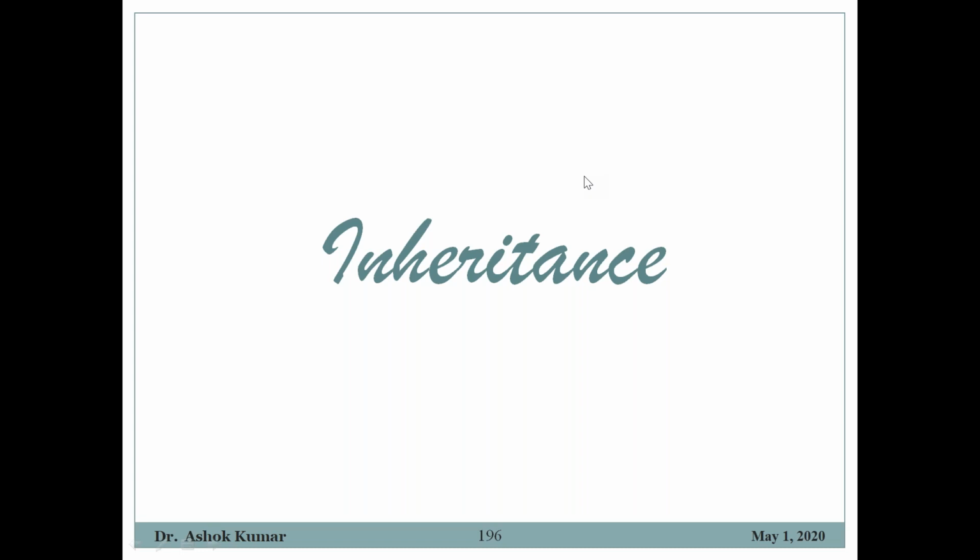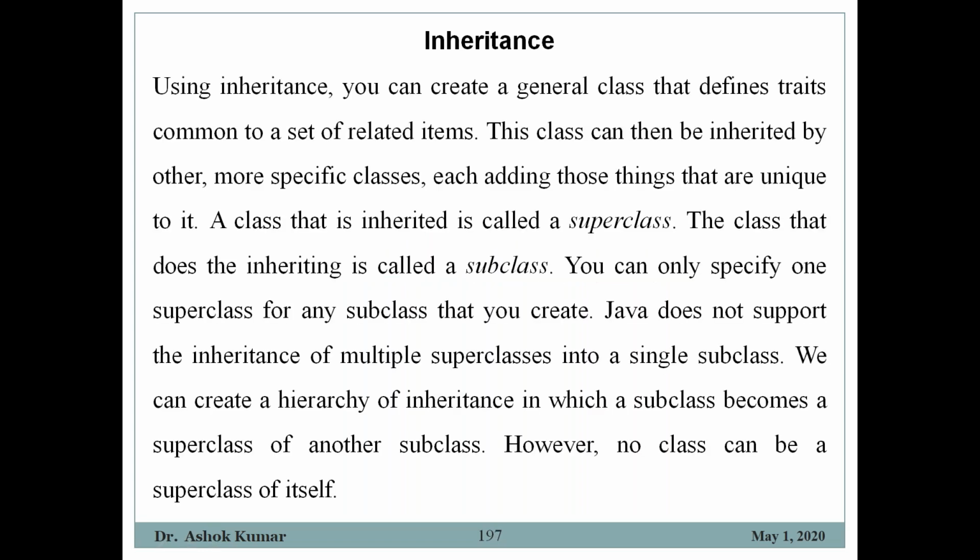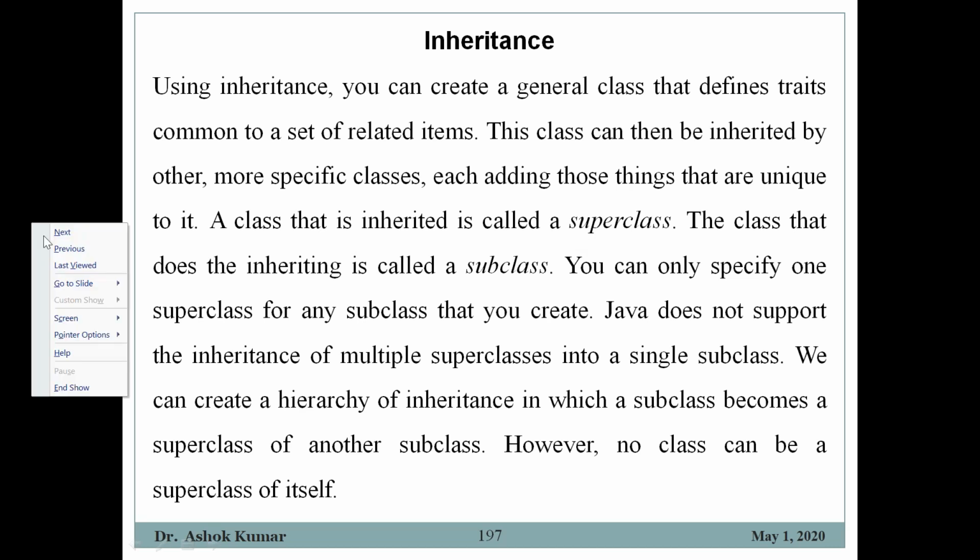As its definition suggests, we can inherit the properties or methods of one class into another class. The class whose properties you inherit is called the superclass, and the class that is inheriting the properties is called the subclass.